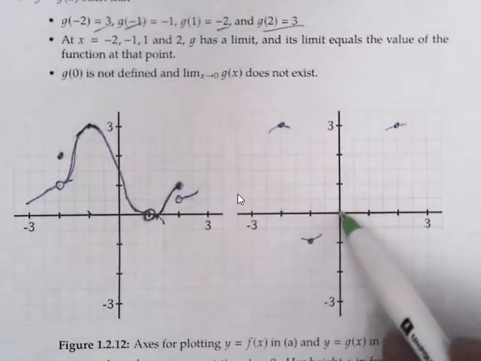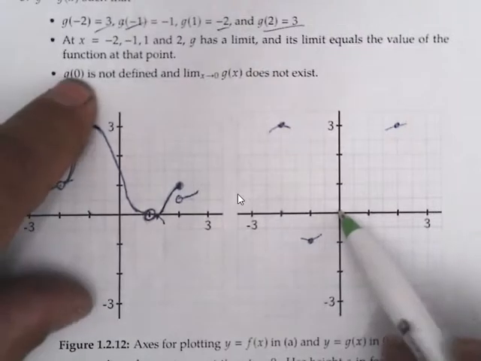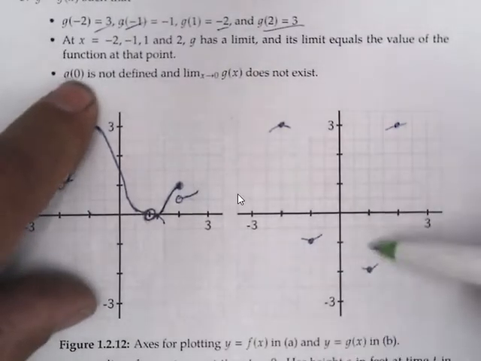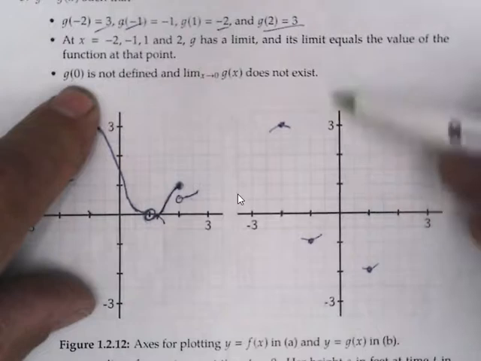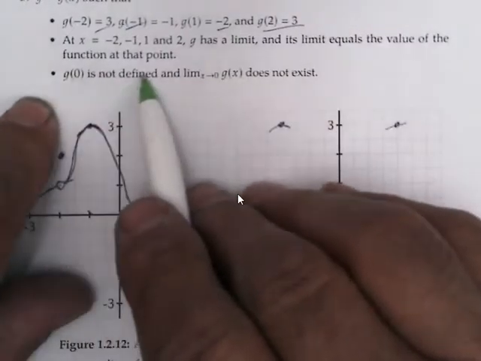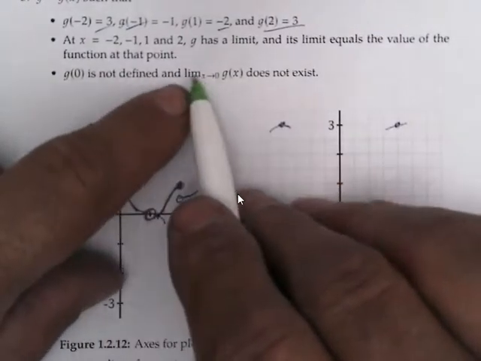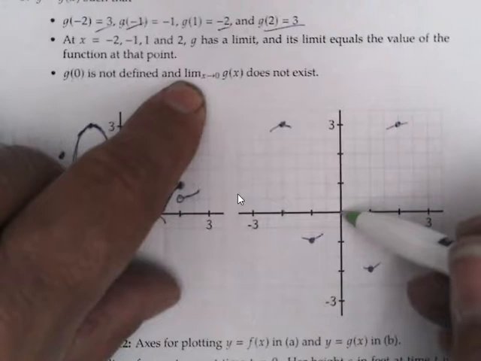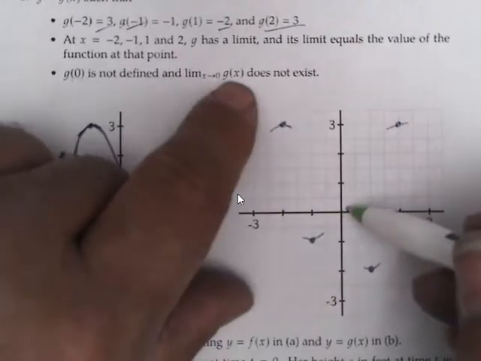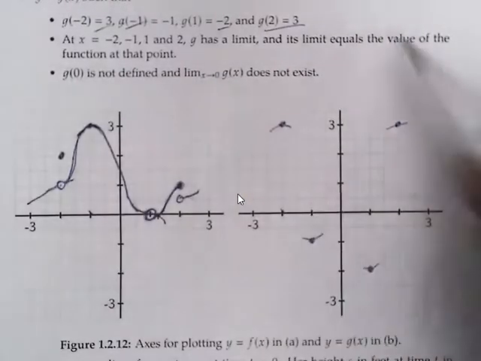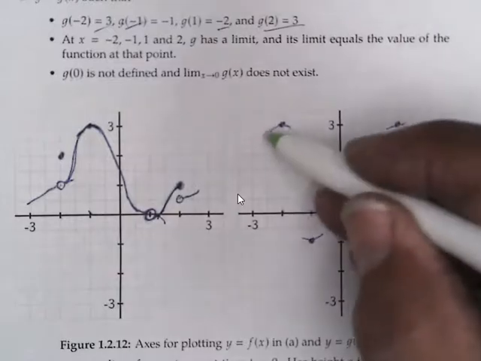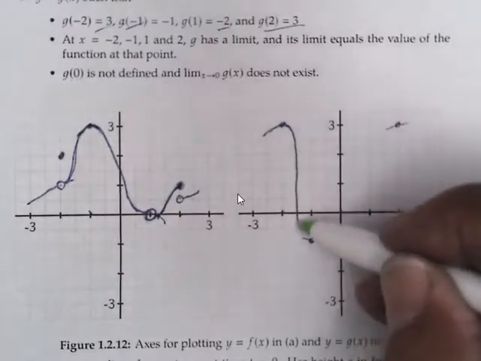G of 0 is not defined, so this function doesn't exist on the y-axis. When x is 0, there's no y value. The limit as x gets close to 0, the limit doesn't exist. So it goes from here to here.